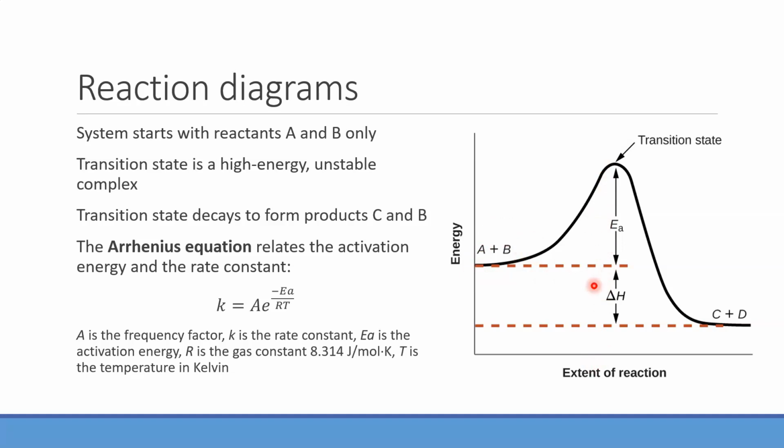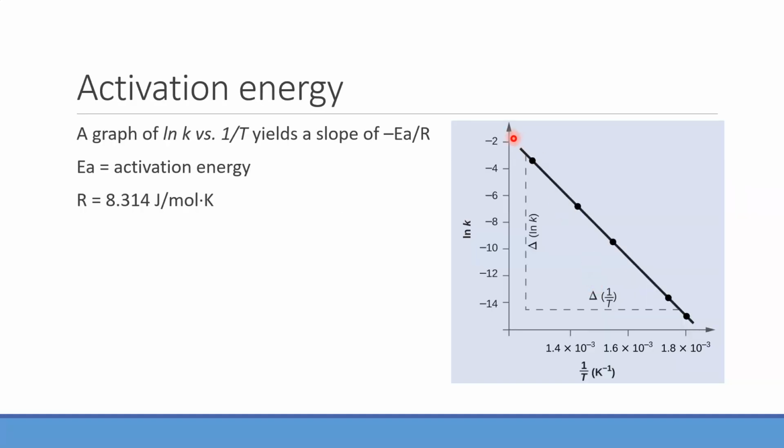So E sub A is always positive, and the slope of this line is negative. So it is a negative E sub A over R. What you will do is multiply your slope by negative R, and you will get the activation energy for your reaction.